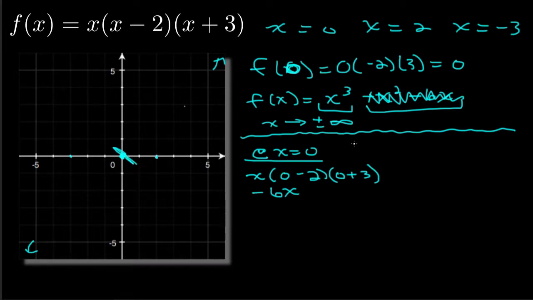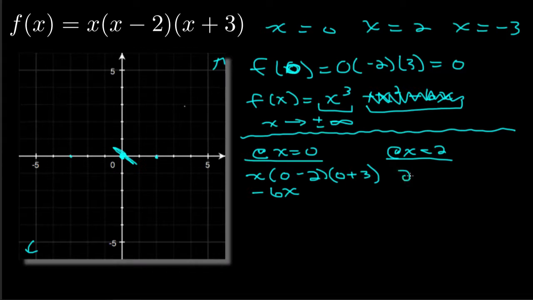I'll repeat that process at the other two roots. Near or at x equals 2, I'm going to plug into my function everywhere except where it would produce a 0. So I'm going to plug into the first space and the third space.